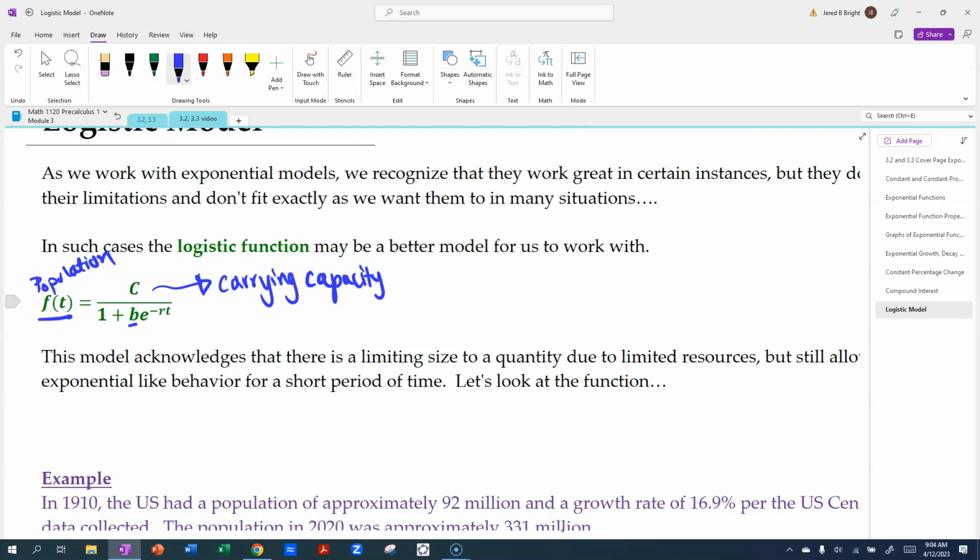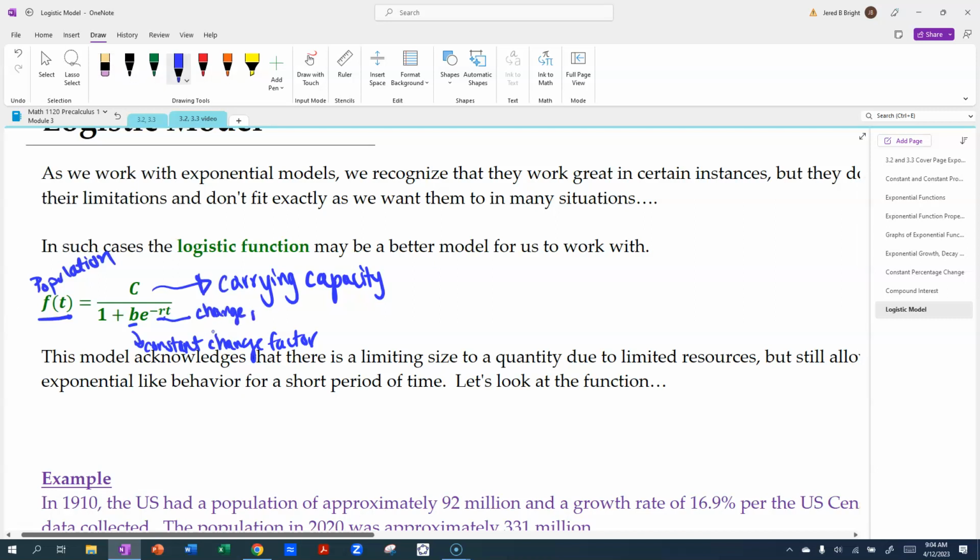Okay, B and R. B, I'm just going to leave this to say that this is a constant growth factor or constant change. I'm just going to say constant change factor. Okay, it is not our growth rate, constant change factor if I can write. Okay, and then R, this is just going to be a growth rate or a change rate.